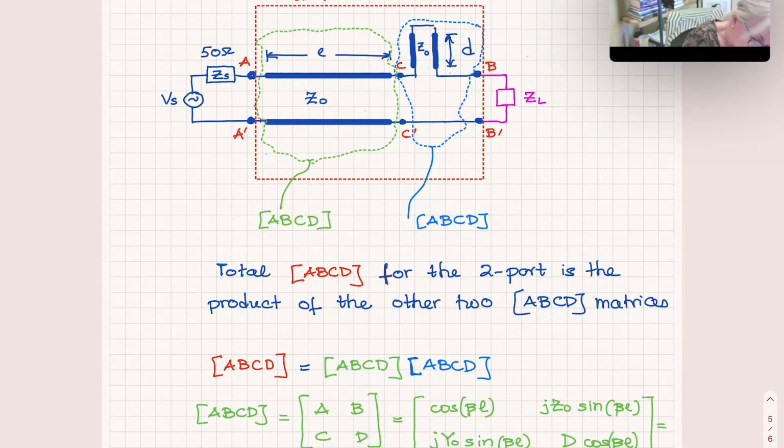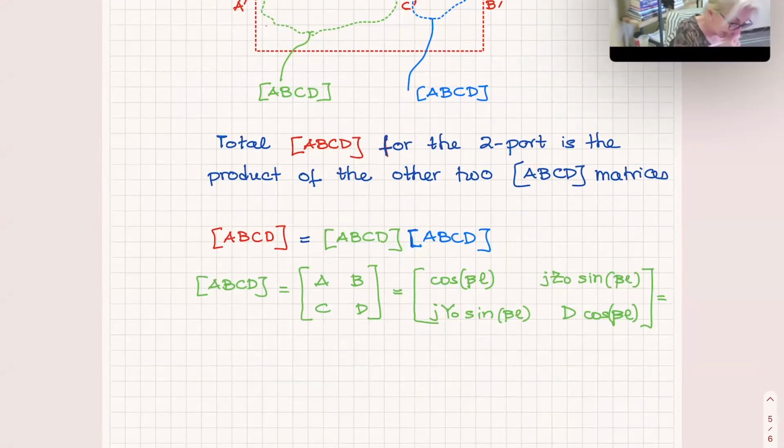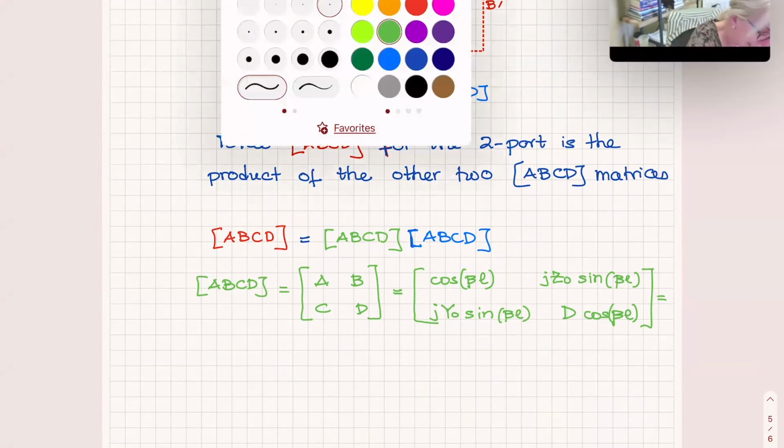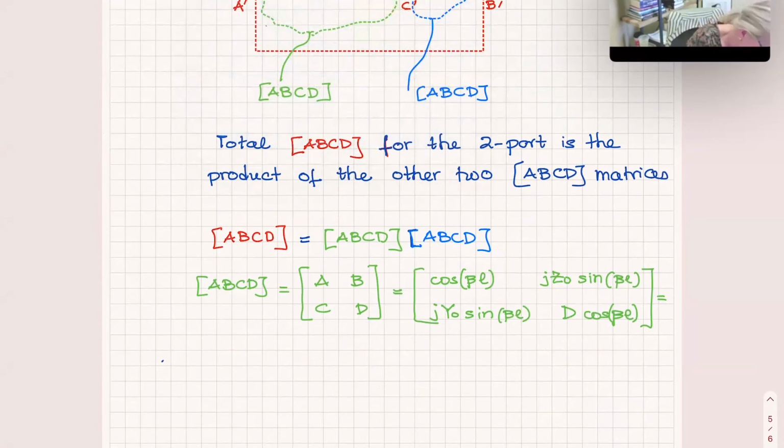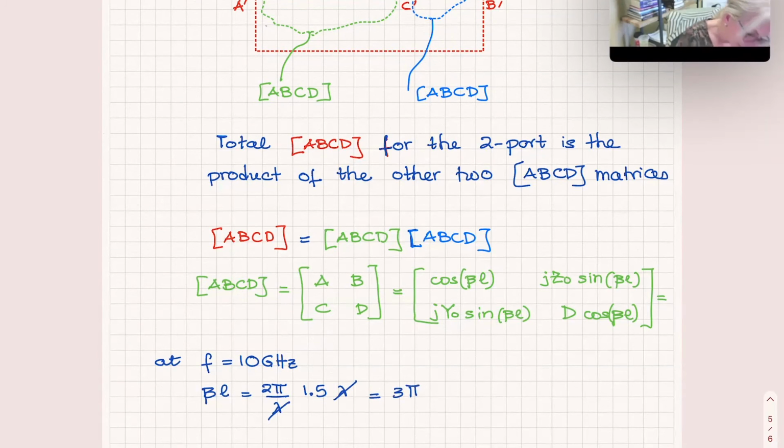Now I'm going to find these two at f equals, excuse me, f equals 10 gigahertz. So at f equals 10 gigahertz, beta L is 2 pi over lambda, and L we found, we were given, is 1.5 lambda, so that makes it 3 pi, okay?